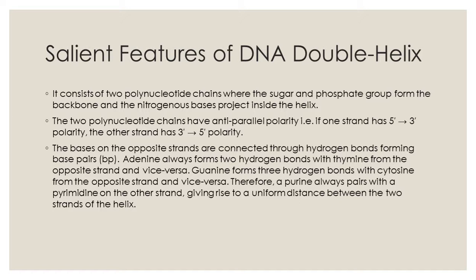So they are opposite. The bases on the opposite strands are connected through hydrogen bonds. Adenine forms 2 hydrogen bonds with thymine, and guanine forms 3 hydrogen bonds with cytosine on the opposite strand. Therefore, a purine always pairs with a pyrimidine and a pyrimidine with a purine.